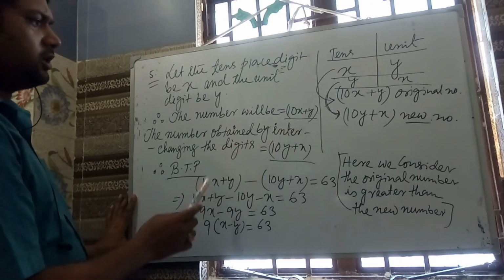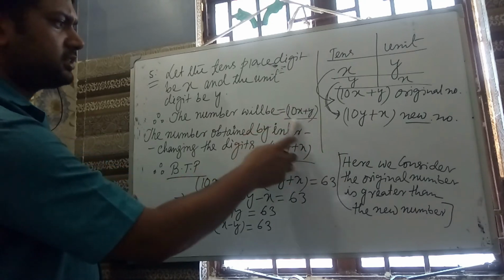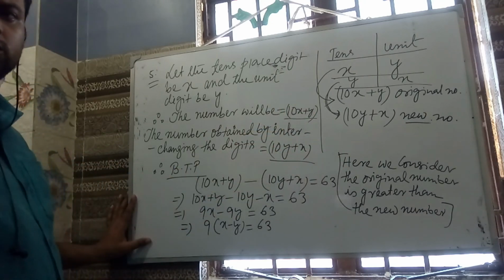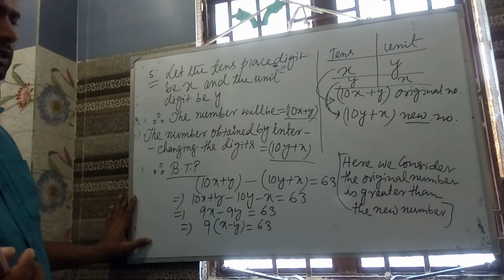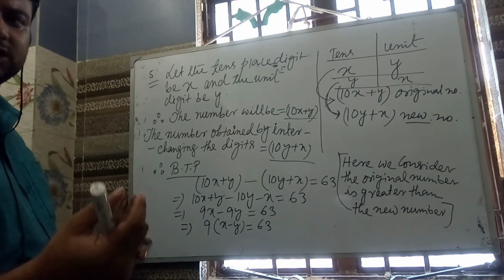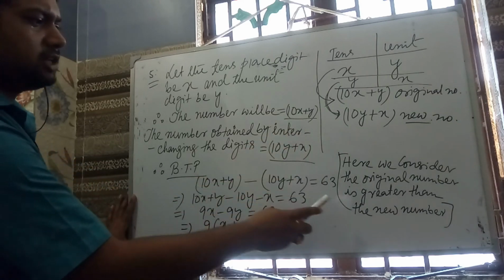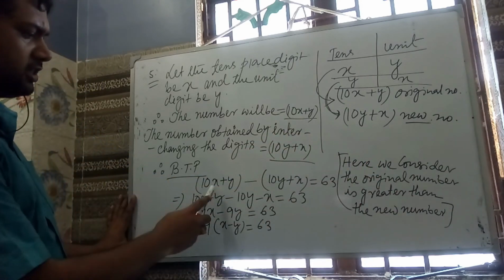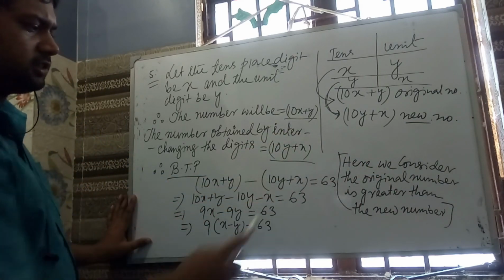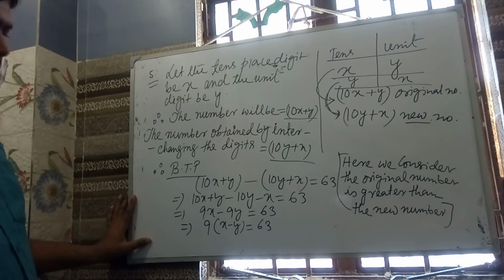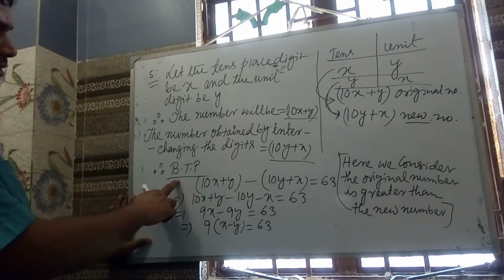Okay, let me repeat it. We have considered that this number is greater than this number. So difference means always we have to subtract the smaller number from the greater number. So this one is smaller, this one is greater, as we have considered. So this number minus this number gives you 63. That is the given condition.